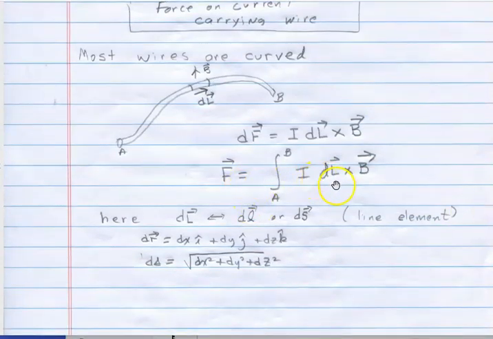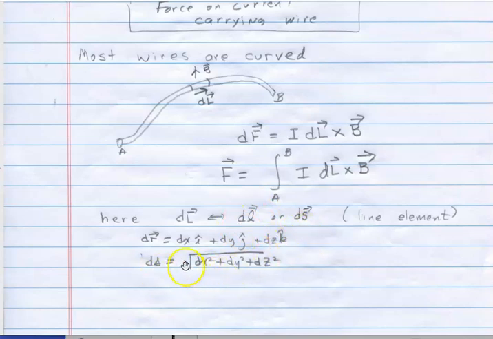Well, what I've called dL vector, I think your book uses maybe capital L vector as well. I usually use d script L vector, and some books will use d small s. And if you remember, dr vector is dx in the i hat plus dy in j hat plus dz in the k hat. And the arc length vector, the magnitude of this, is the square root of dx squared plus dy squared plus dz squared. So you may have seen this dL vector or d script L vector in other books, certainly.